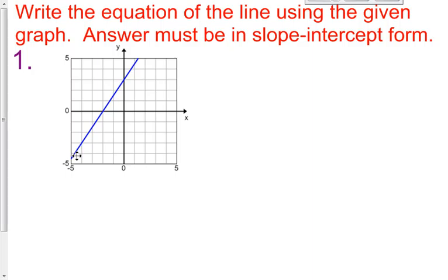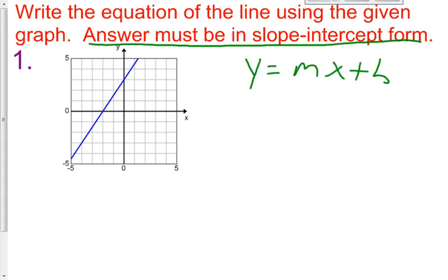As you can see here, it says answers must be in slope-intercept form. Well, you're going to be quite lost if you have forgotten what slope-intercept form is. So let's review that. It is y equals mx plus b. As we talked about in our last lesson, y and x remain unknown in your equation.